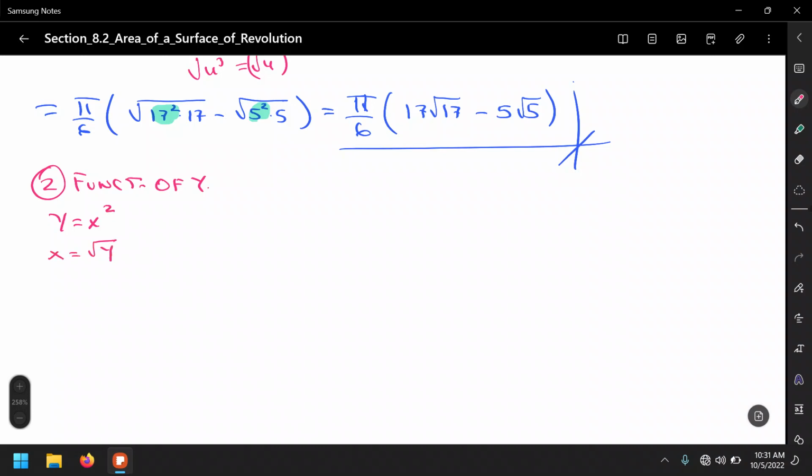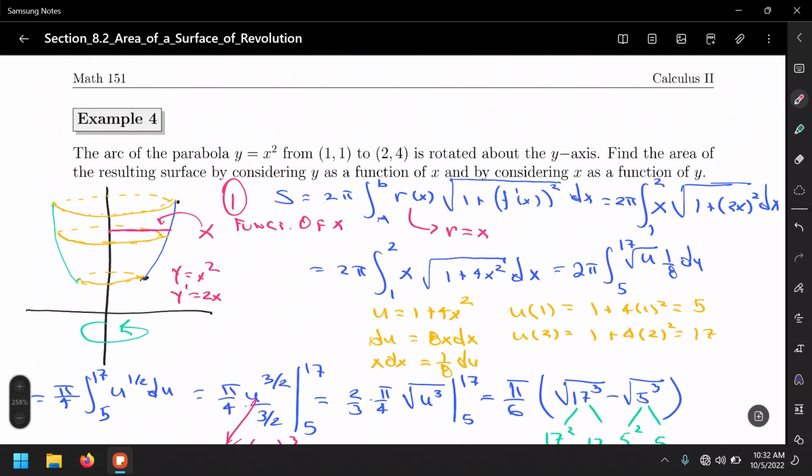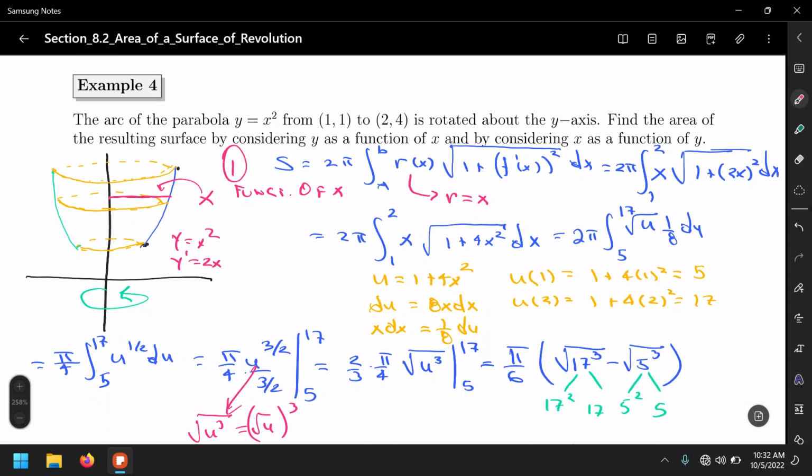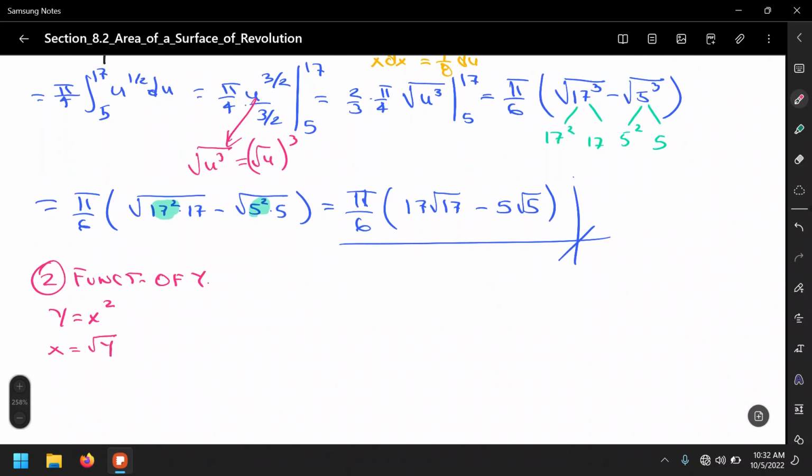Should that be our final answer? Am I missing anything? Technically we're missing a plus or minus. I agree with that. However, notice that we are working in the first quadrant, where all values of x and y are positive. Because of this, we don't need the plus or minus. Had we worked on the left side, that would be the second quadrant, with negative values of x, and we would have used the negative version of the function.